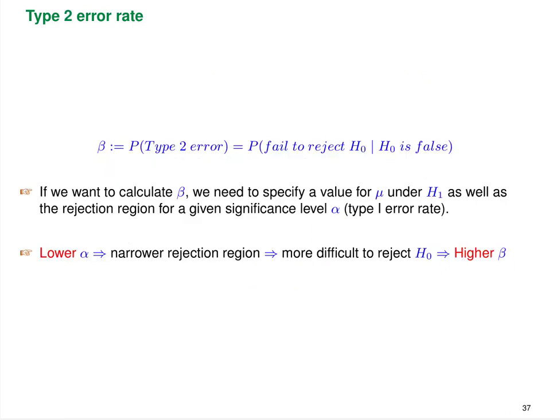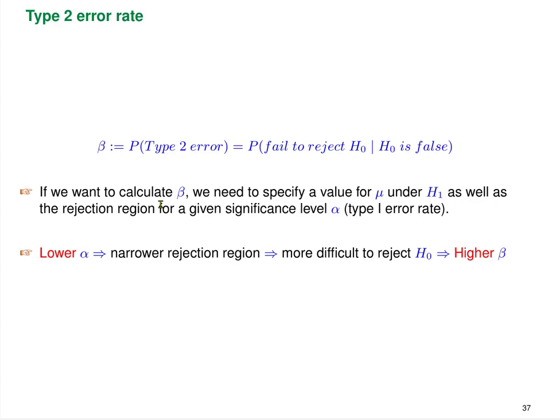A type 2 error occurs when a false null hypothesis is not rejected. We typically denote the type 2 error rate as beta. If we want to calculate beta, we need to specify a value for the population mean under the alternative hypothesis, as well as the rejection region for a given significance level alpha, namely the type 1 error rate.